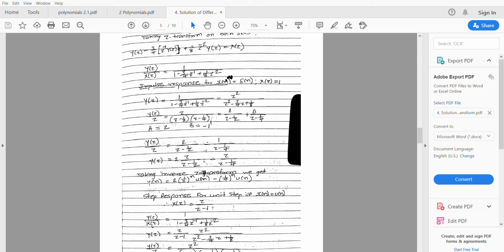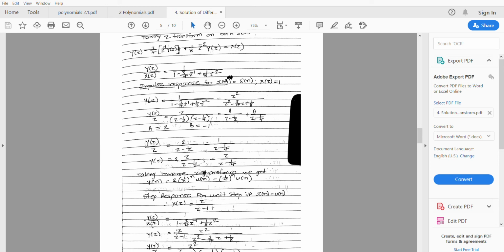We find the unit impulse response, that is y of n, in the discrete domain by taking the inverse Z transform. In the second step, we treat x of n as the step input. So x of n is equal to u of n, and we know the Z transform of u of n is z upon z minus 1. So here in place of X of z we substitute z upon z minus 1.